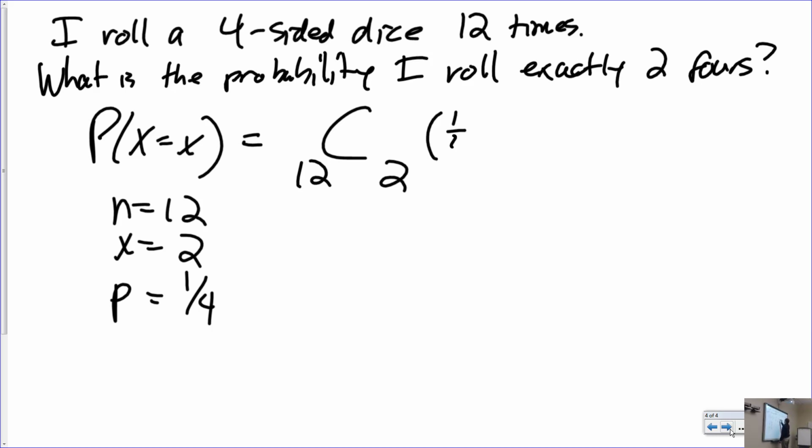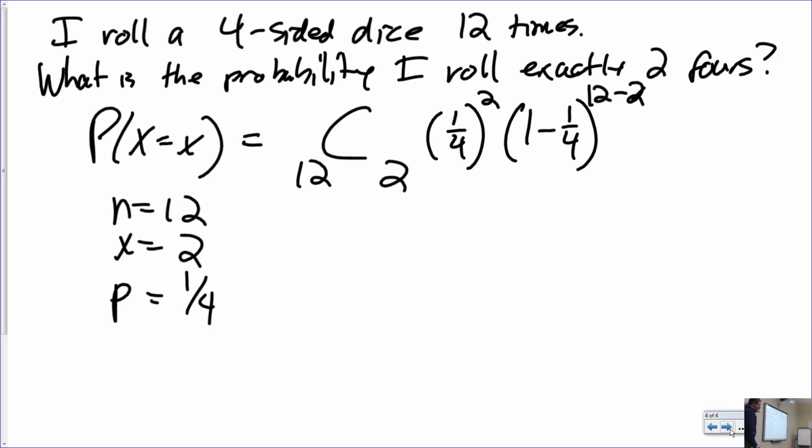Because here, this is 1/4 raised to the 2nd power times 1 minus 1/4 raised to the 12 minus 2 power. Sorry, I was doing the subtraction in my head.